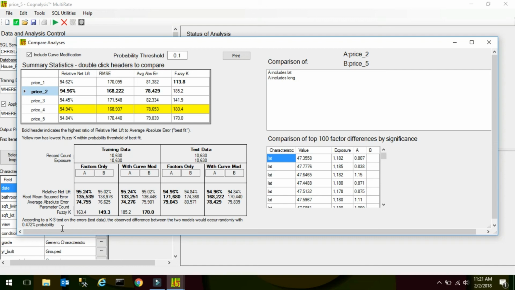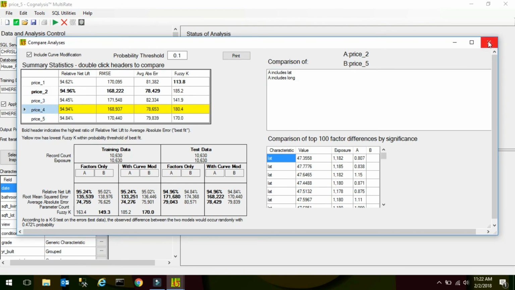That actually we're getting additional predictive power, even though we have latitude crossed with longitude, and even though we have zip code, which has obviously a geographical component to it. Having latitude by itself in there as a variable, picking up credibility across different latitude longitude combinations, but within the same latitude, results in a beneficial model adjustment. So it's saying in this case we would still just go with price 4.